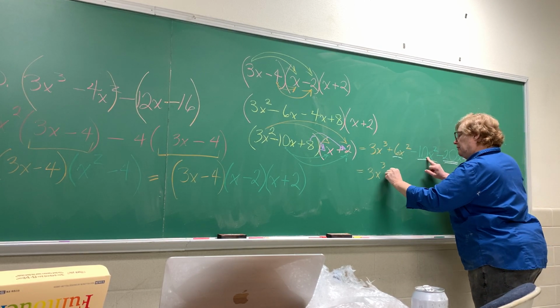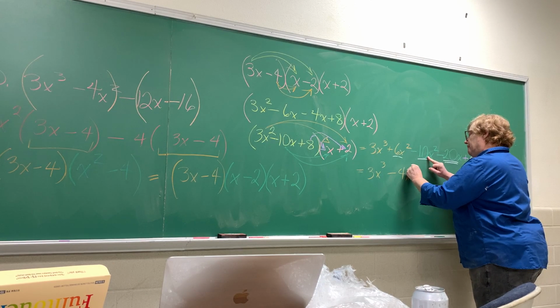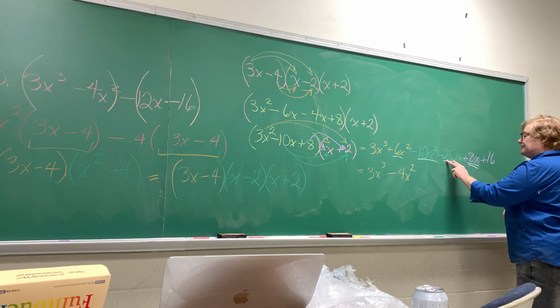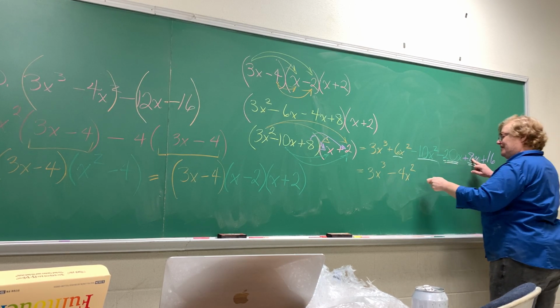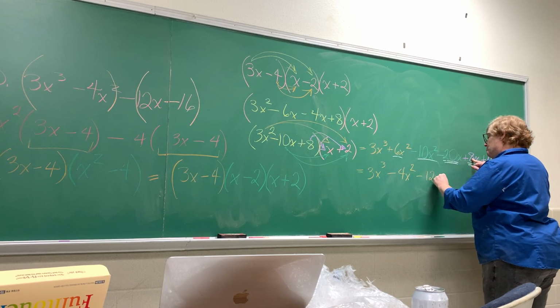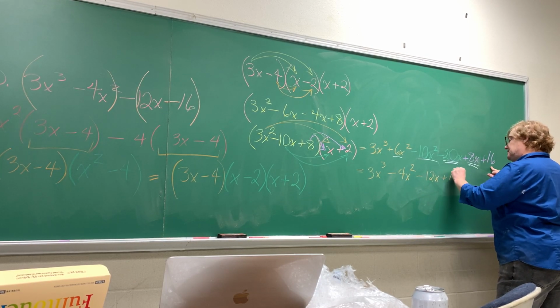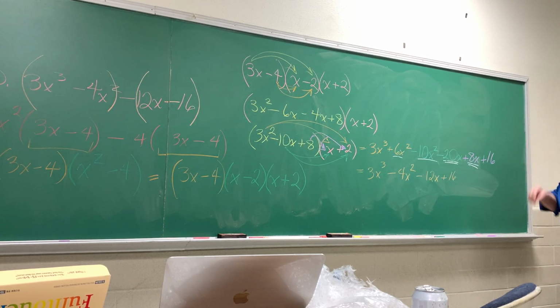Negative 4x squared. Good. What is negative 20 plus 8? Negative 12x. Good. And we still have plus 16. What did we start with? We started with this, yes. Wow, that was awesome.